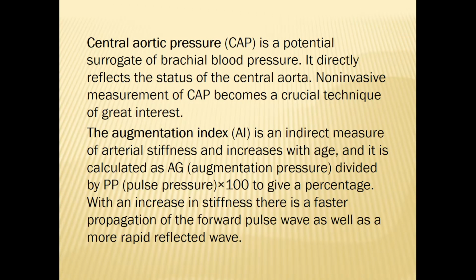Also, there are a few measurements of aortic stiffness, of large artery stiffness. First of all, it is the augmentation index, an indirect measure of arterial stiffness that increases with age.